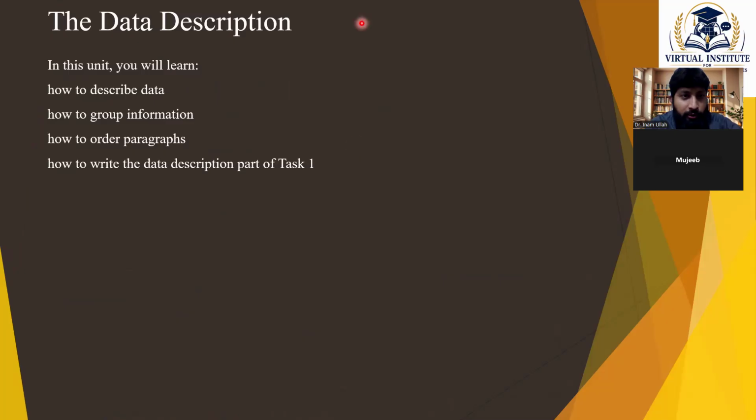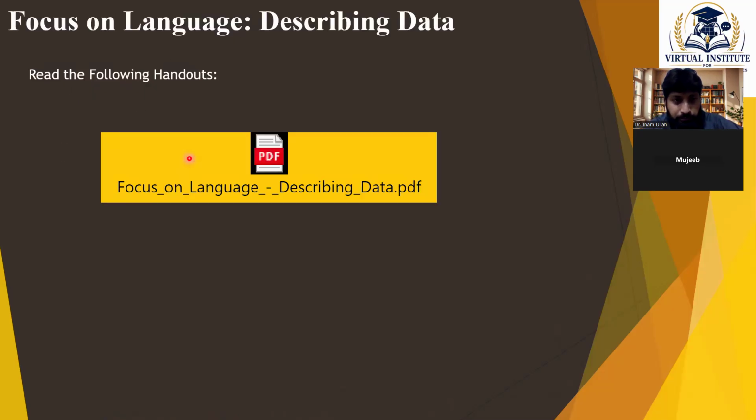In today's lecture, you will learn about how to describe data, right? How to group information, how to order paragraphs, and how to write the data description part of task one. So these are a few things that we haven't discussed in the previous class, and this is what we are going to discuss today in detail.